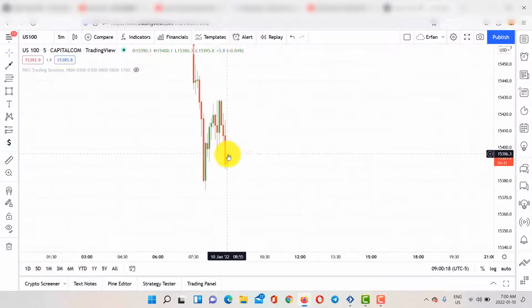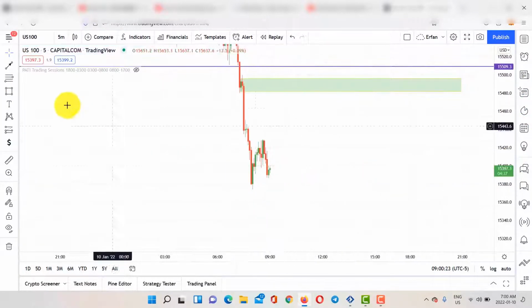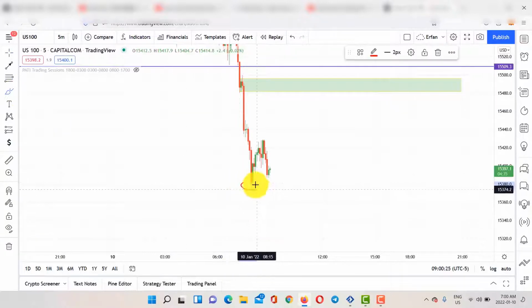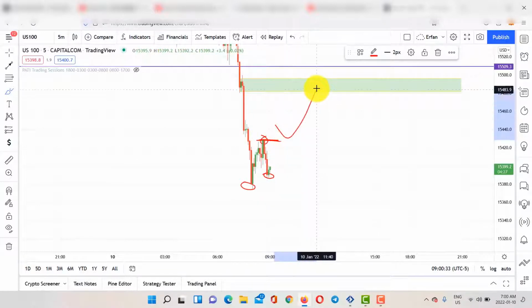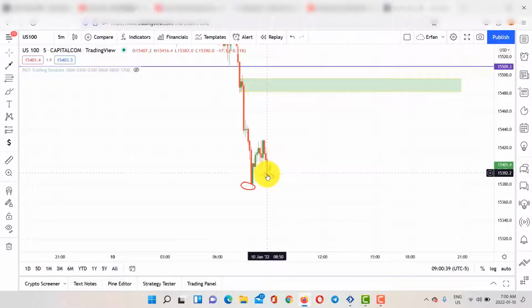Something interesting that's happening is that we are getting a double shoulder. We've got to see what happens. If it breaks this resistance, does a retest and then goes up, I'd probably take a trade exactly right here. But we've got to see how the price acts right now.